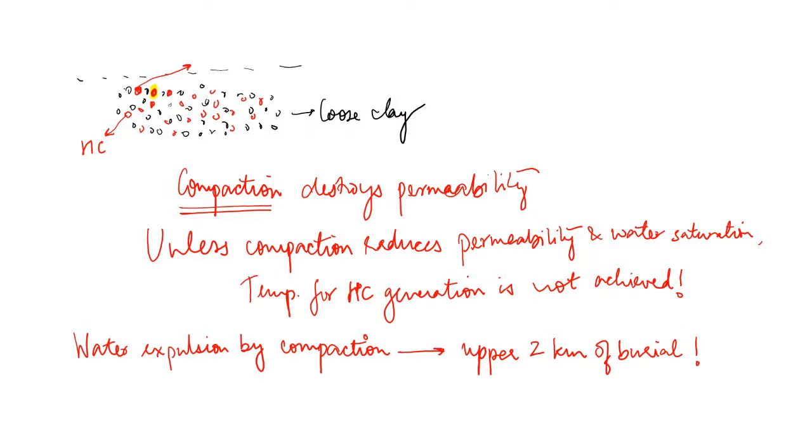So now if we consider the average geothermal gradient to be 25 degrees Celsius per kilometer, then oil generation begins at the depth at which most of the compactional pore water has been expelled. We know that only up to 2 kilometer the water expulsion by compaction occurs.